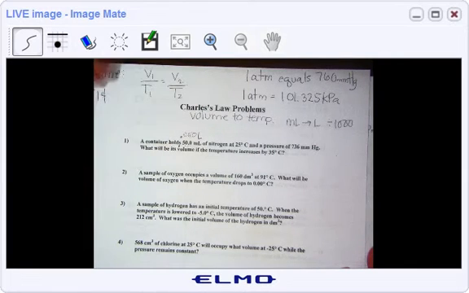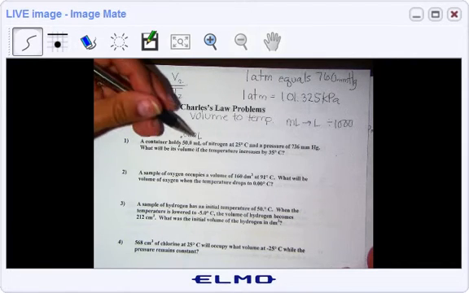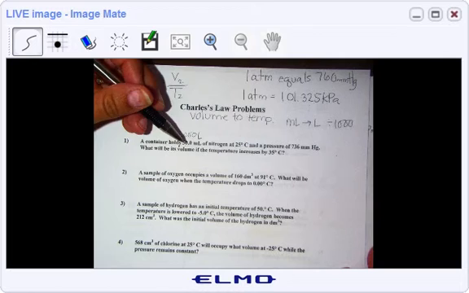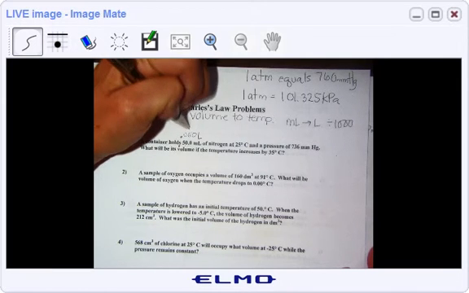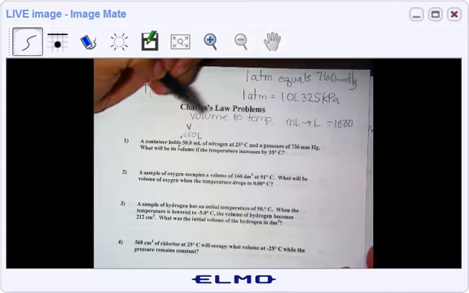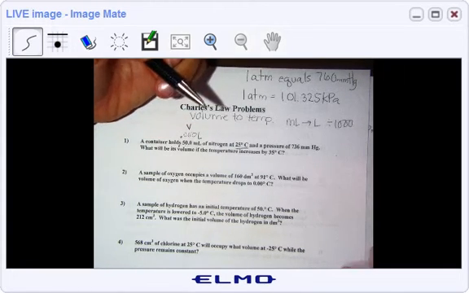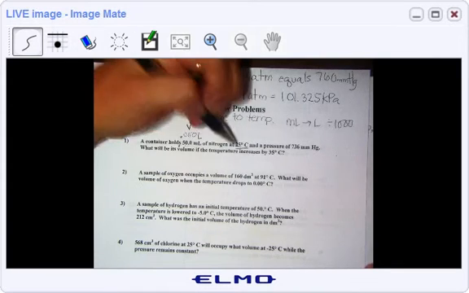Okay, we're only using V's and T's. Is this going to be a V or a T? It ends in liters. Anyone? V. Okay, I don't know if it's V1 or V2 yet, but I'll do that at the end. 25 degrees Celsius. What unit does it have to be?